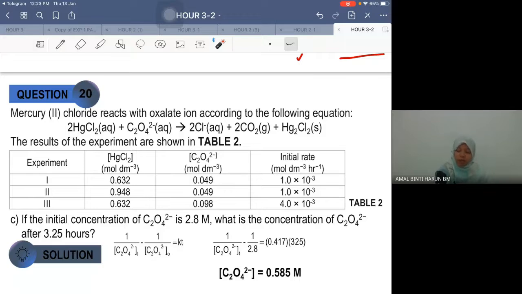Okay, substitute everything. Initial concentration, write the formula.